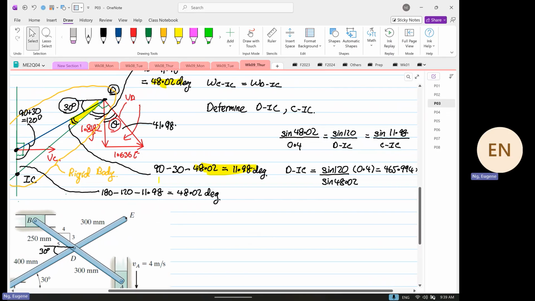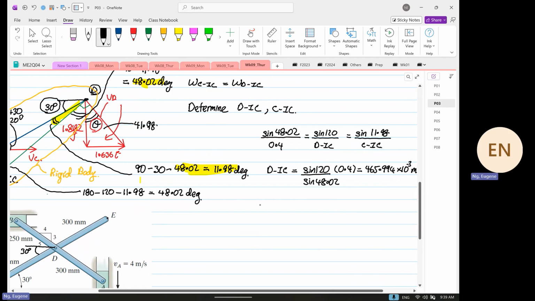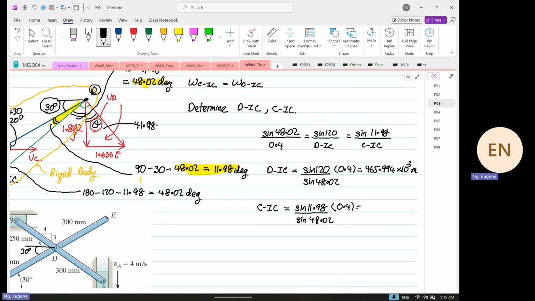Then we have C over IC, or CIC, sine 11.98 divided by sine 48.02 multiplied by 0.4.